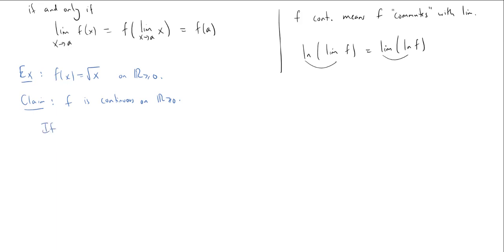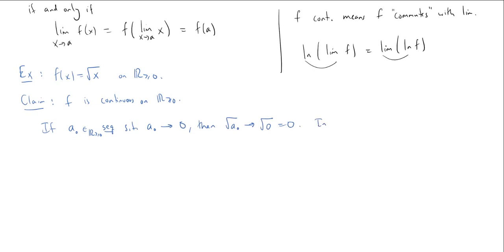So if I have some sequence a_n, greater than or equal to 0, such that a_n converges to 0, then what I claim is that f of a_n, where f here is the square root function, so the square root of a_n, also converges to 0. Well, really, I should say it converges to the square root of 0, but of course that is equal to 0.